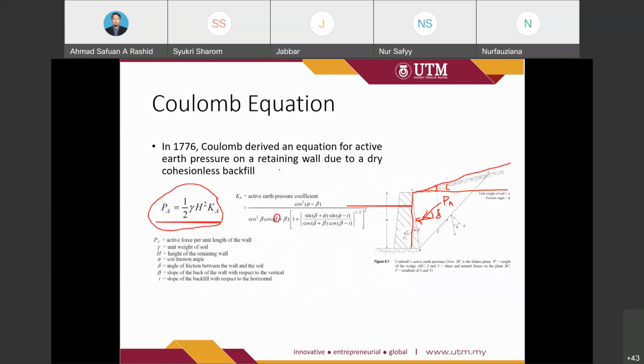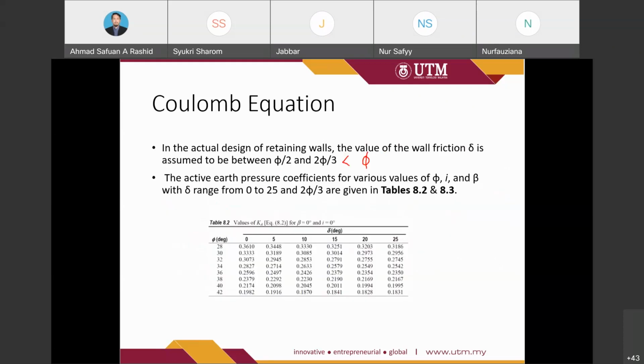So for example, if we don't want to use this equation, then we may use this table, where we can get a straightforward value for the Ka by knowing the value of phi, for example.